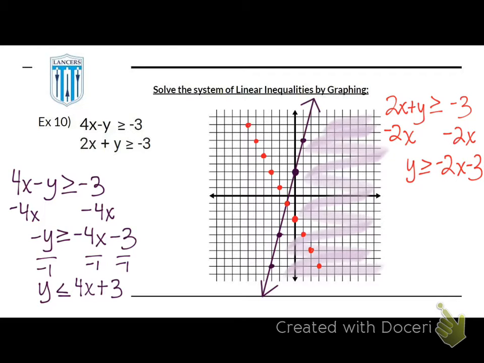And our line should be solid because we had that equal to bar. And we are going to shade above. So this is above that line.